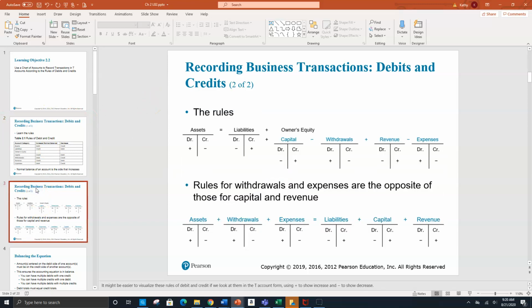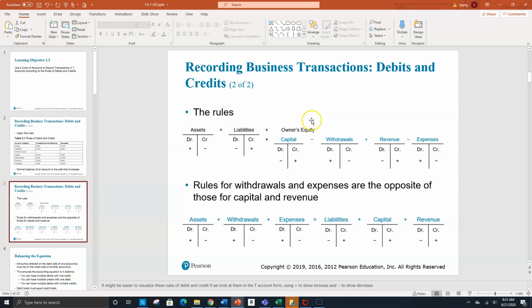Okay, so this next page here, I'm hoping, gives you some hints on how to memorize that a little better. We have our accounting equation, which is assets equals liabilities plus owner's equity. On the left side of the equation, assets, we debit to increase assets.